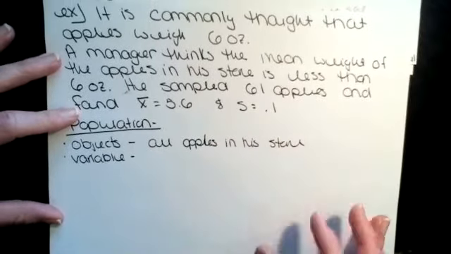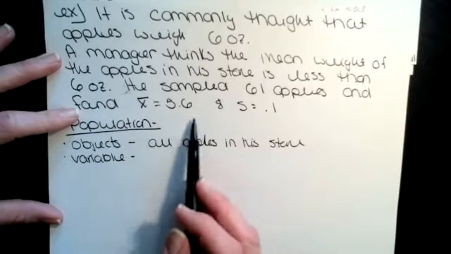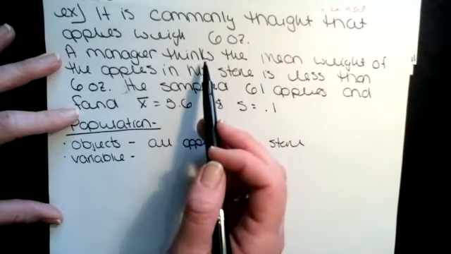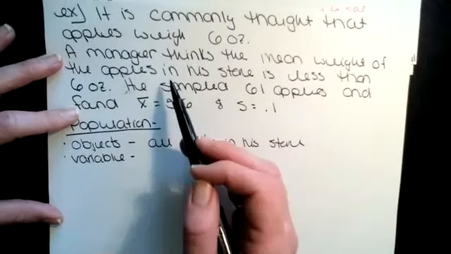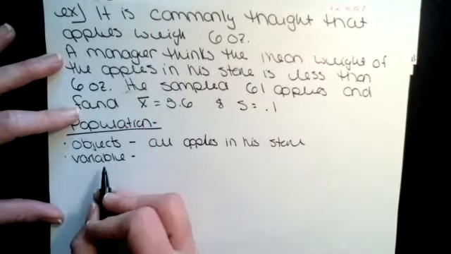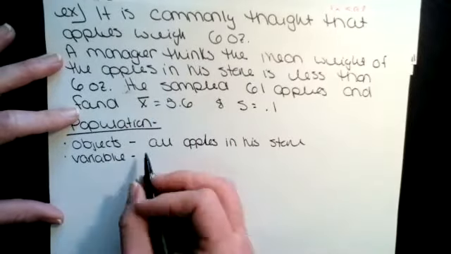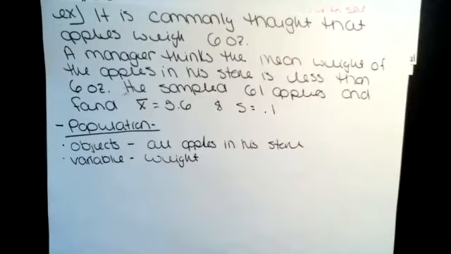So here it doesn't say mean weight, so I might want to go back up and just make sure. Manager thinks the mean weight of the apples. So that's what we're talking about, the weight. So the variable here, I could just simply say weight, and this is what I liked about the numerical. I could just describe my variable with one word, usually, weight, and then I'm going to indicate that it's numerical.